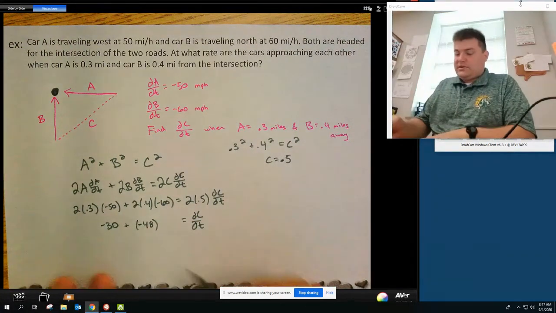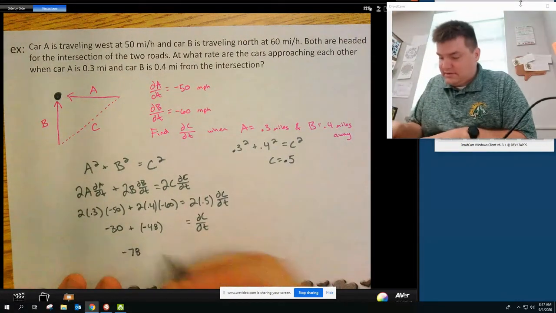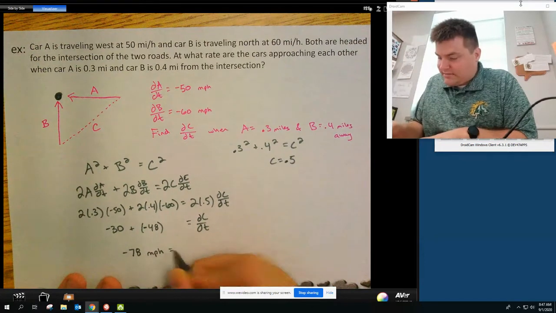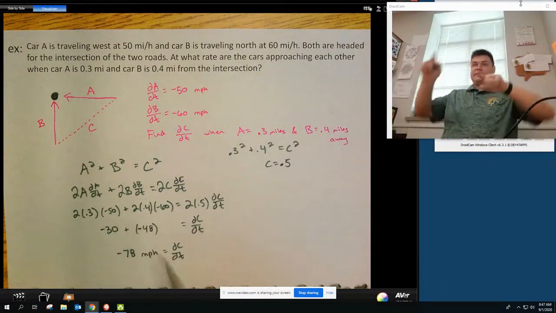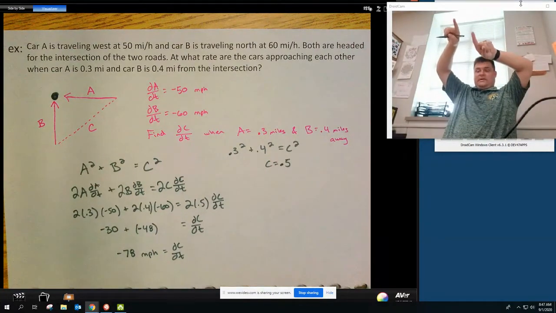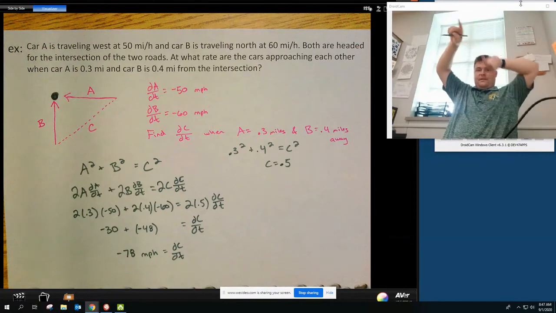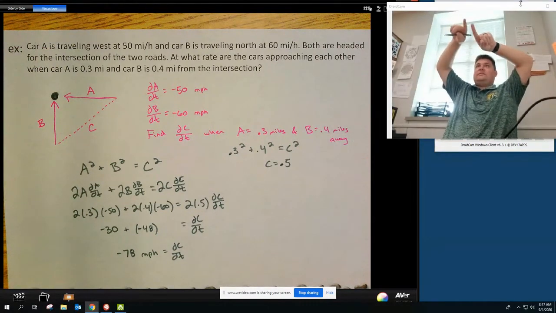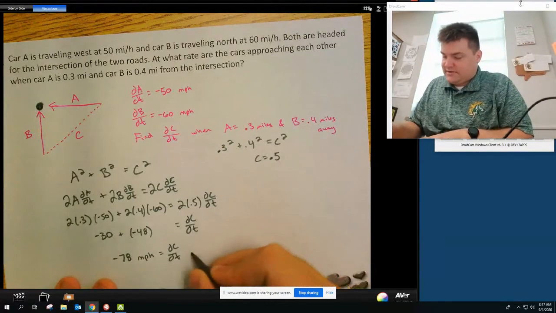So the two cars are approaching each other at negative 78 miles per hour, and that's going to be dC/dt. And again, it's negative because the two cars are getting closer and closer together. Since we're doing velocity, the negative is an indicator that these things are getting closer and closer together. So this is velocity.